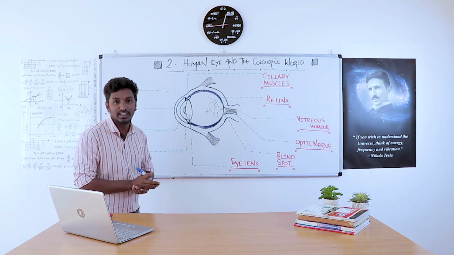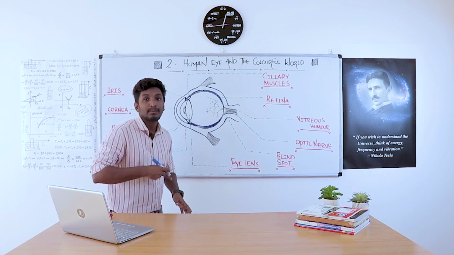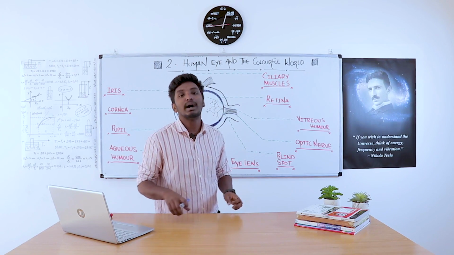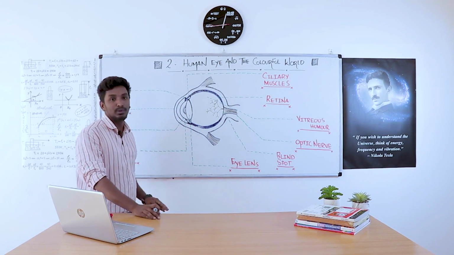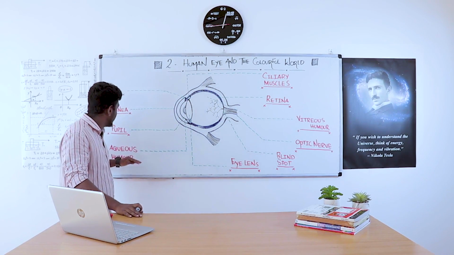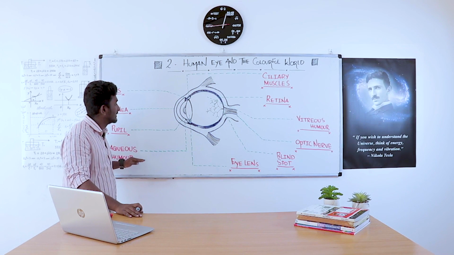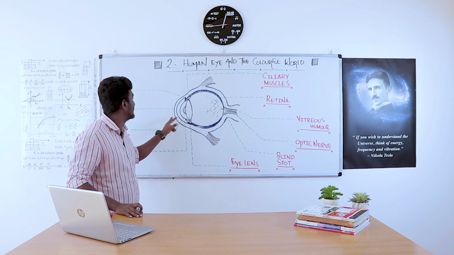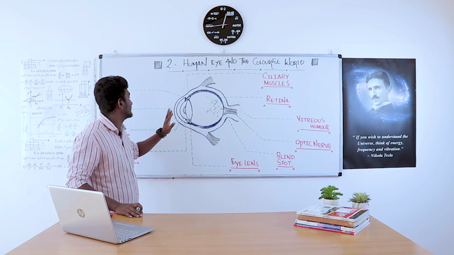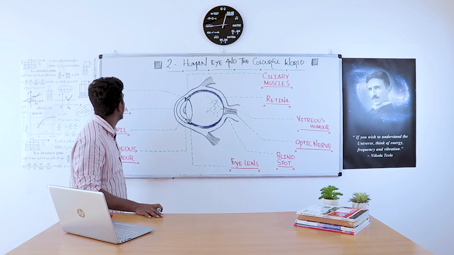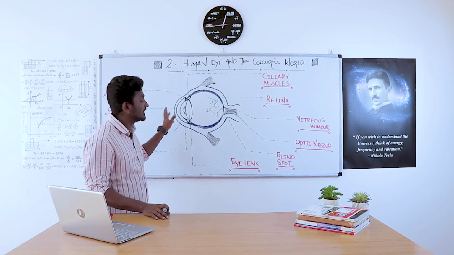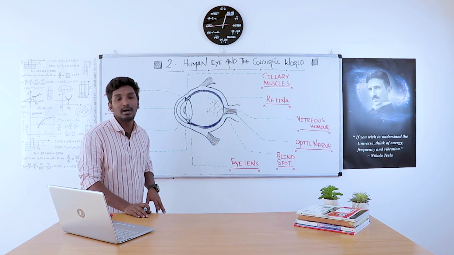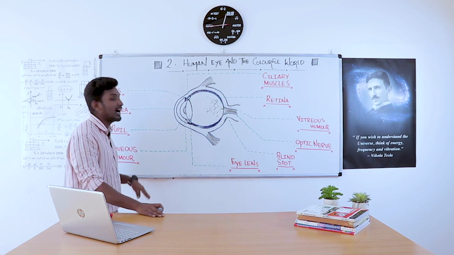What is the function of the iris? The iris controls the amount of light entering the eye by changing the size of the pupil. Next is the aqueous humor. In the figure there is a space between the cornea and the eye lens, and this space is filled by a fluid named aqueous humor.